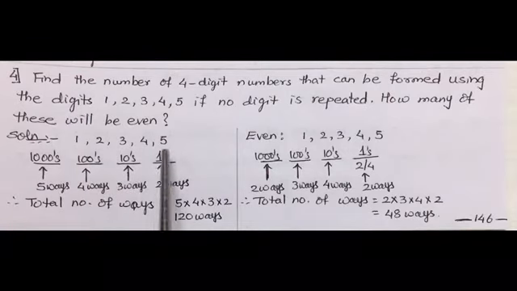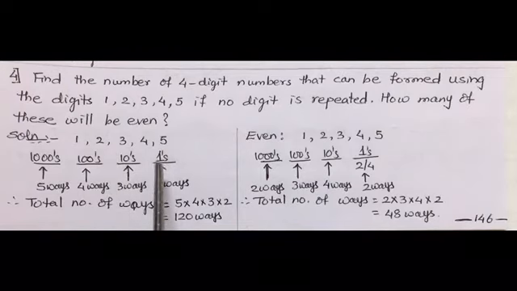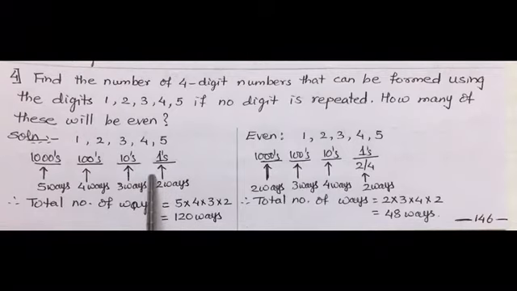Now for making a 4-digit number, we need 4 places, and there are a total of 5 objects. So 4 places arranged with the help of 5 objects can be taken as 5p4, or the fundamental principle of counting also we can use.